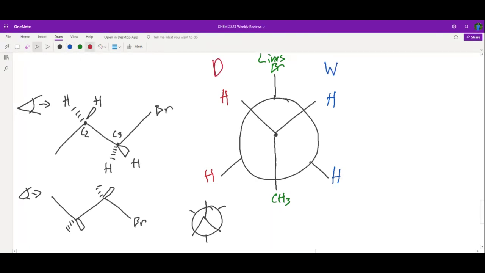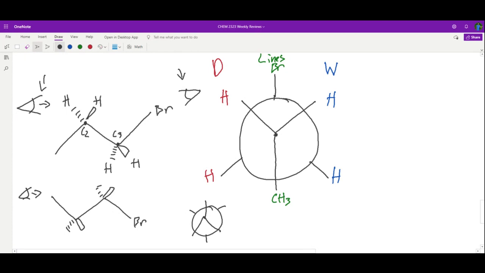Okay? So let's say you're looking from the opposite side. So instead of this way, you're looking at it from this way, then dashes would be on the right side and wedges would be on the left side.